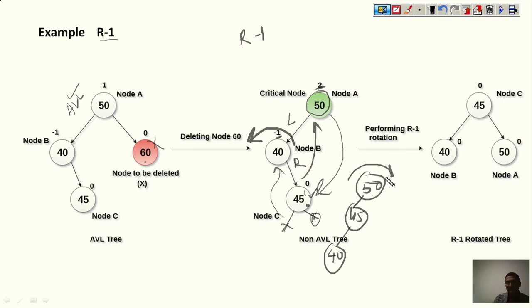So what is the impact of this? 45 becomes the root. This will be here and this will be here. So this is what you get. So either you can do LR, or directly you can use the properties as we have discussed, and you will get the final structure. Here you can see that now this is balanced.